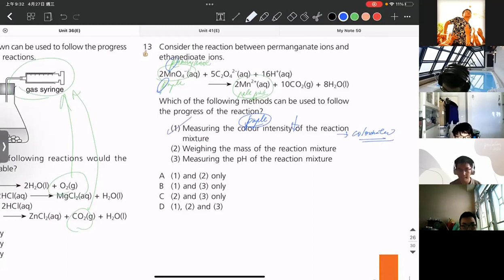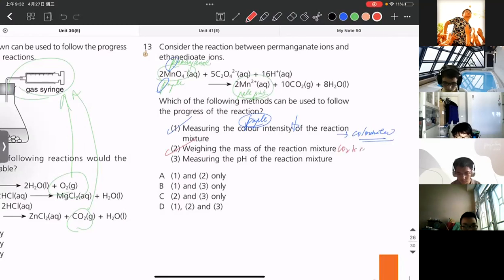How about number 2? Can we choose 2? Yes. Why? Because the carbon dioxide gas is formed.